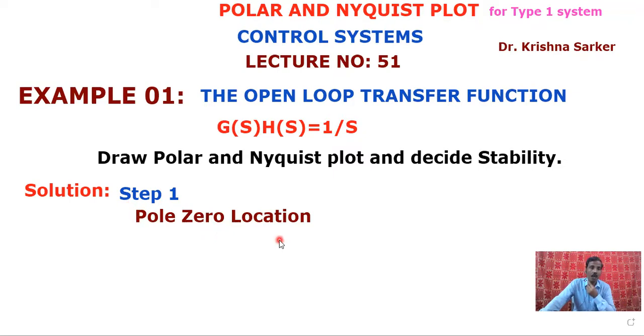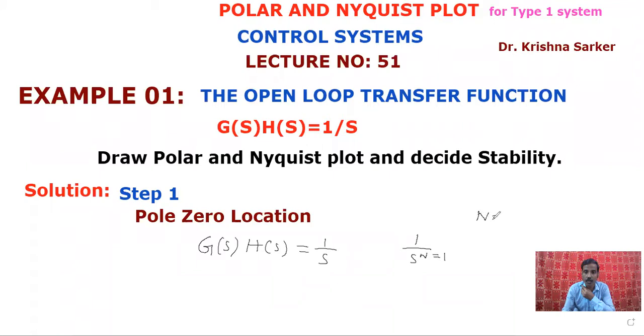What is the given function? The given open loop transfer function G(s)H(s) equals 1 by s. This is a type 1 system because it is 1 by s to the power n, and n equals 1.